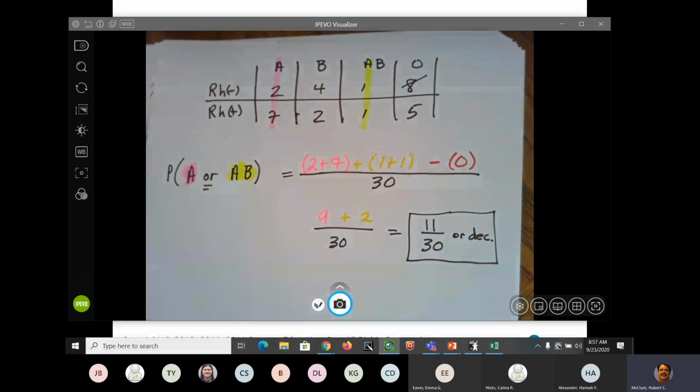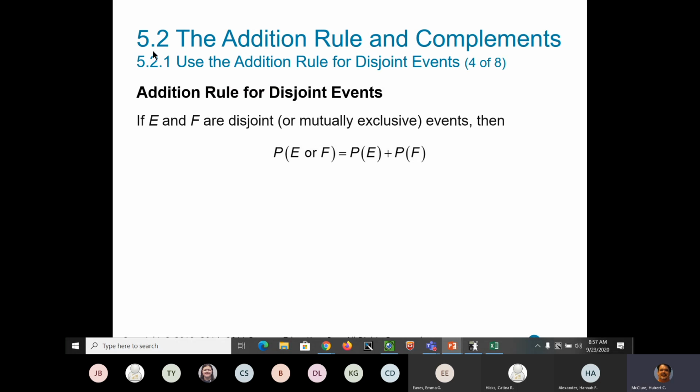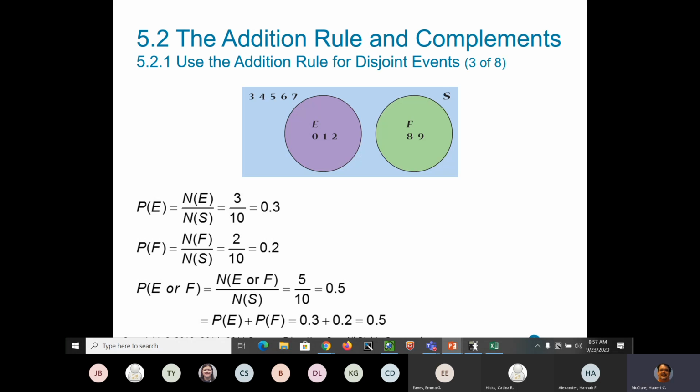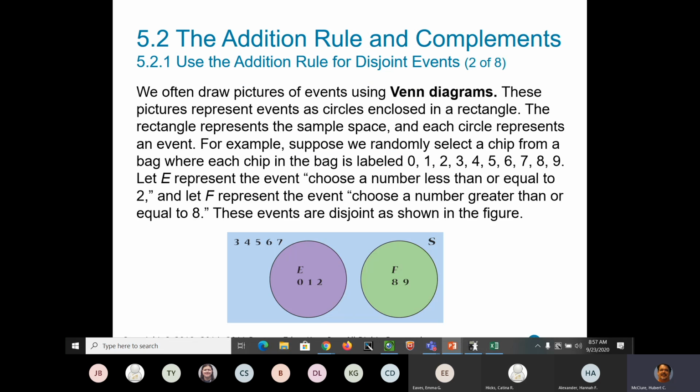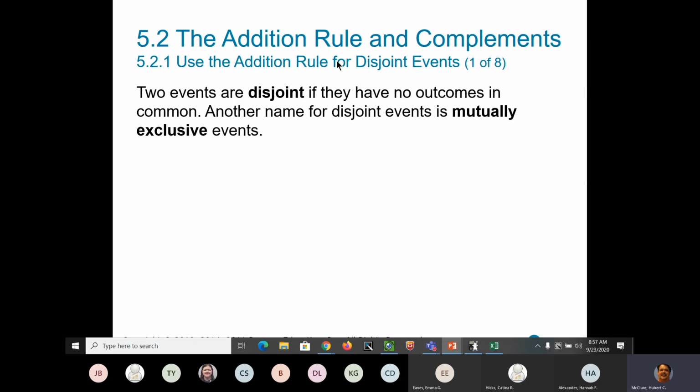Now they go back and talk about joint and disjoint. And that's a fancy word. Remember I told you that statisticians make up fancy words. The two are disjoint if there are no outcomes in common, no overlap. Another name for disjoint is mutually exclusive.